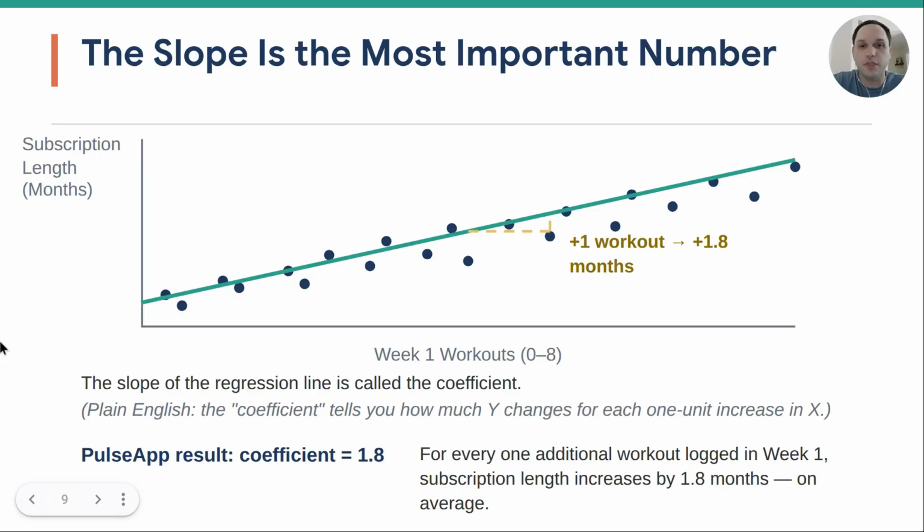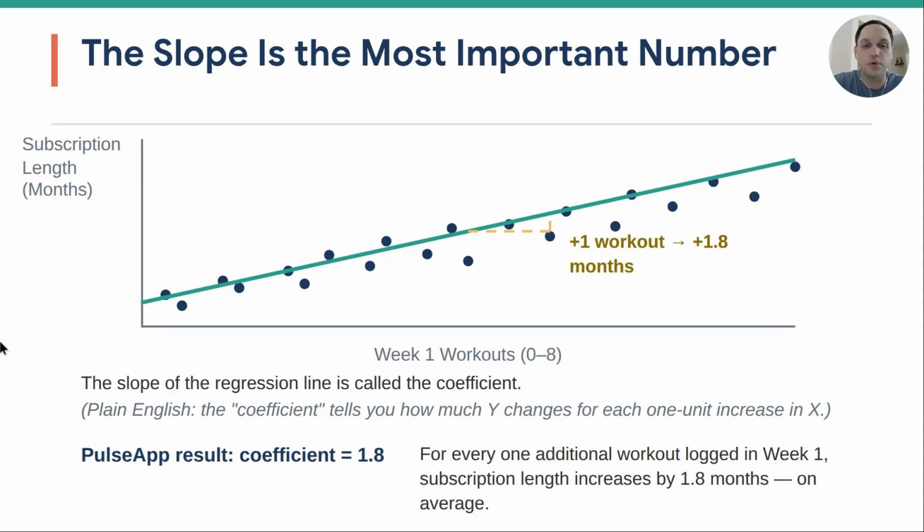The most important thing to read from the regression line is its slope, how steeply it rises from left to right. That slope is called the coefficient. For PulseApp, the slope works out to be 1.8. That means for every one additional workout logged in week 1, the subscription length increases by 1.8 months on average.